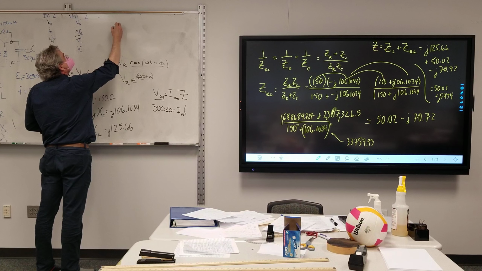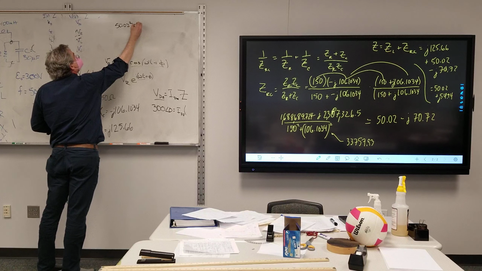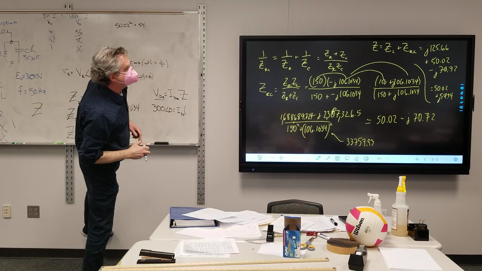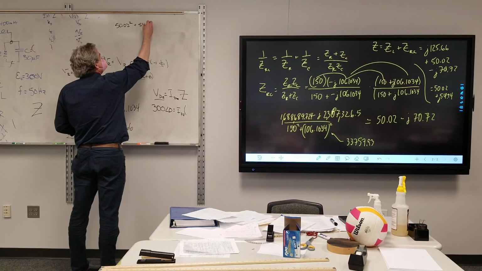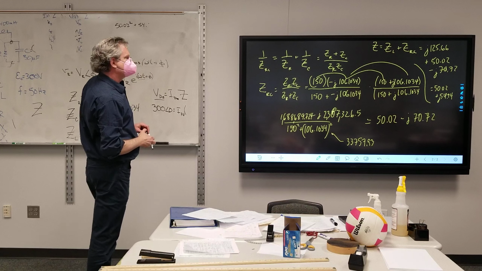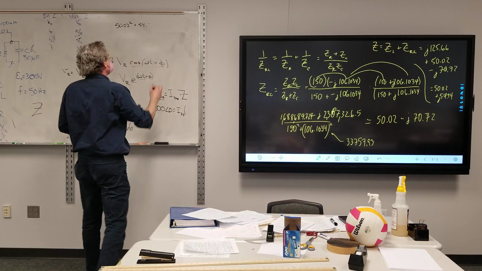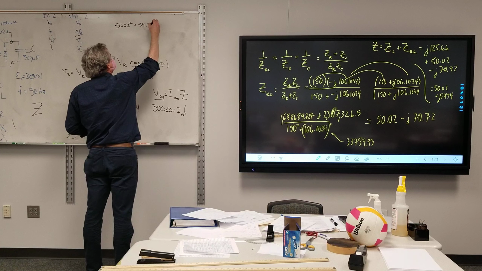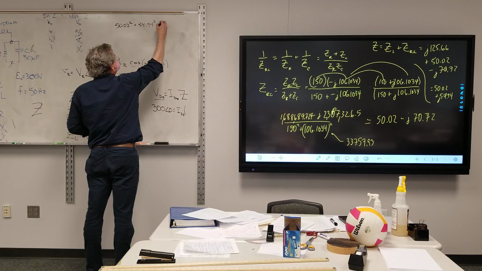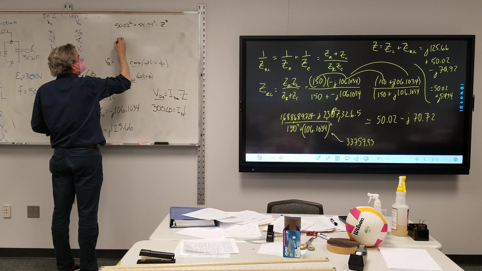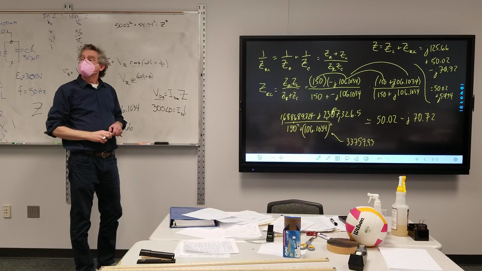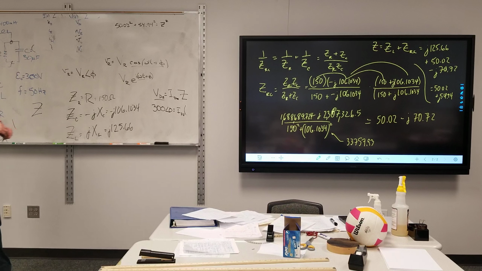So the magnitude, 50.02 squared plus 54.94 squared is going to be equal to my magnitude squared. Dr. Fox? Yep. Why don't you include the imaginary and just make it 50.02 squared minus 54.94 squared?